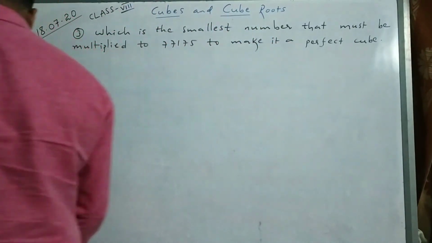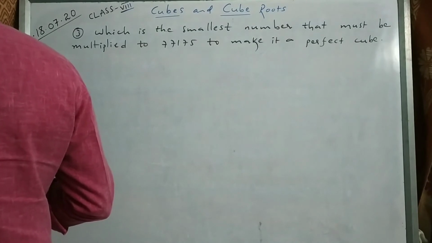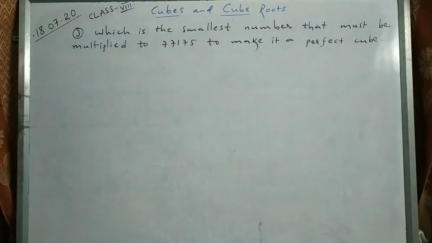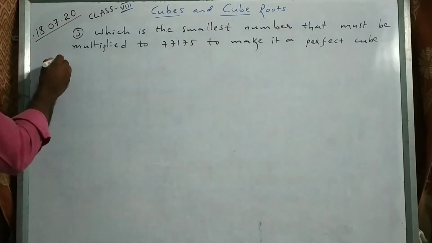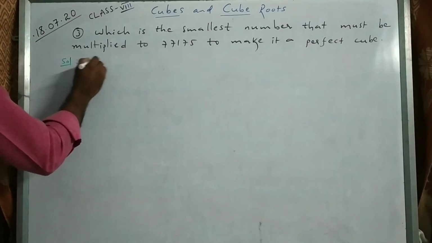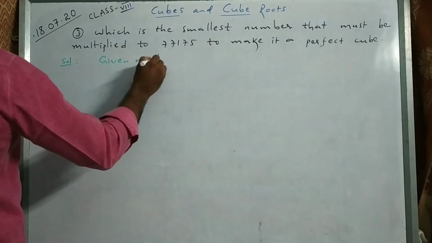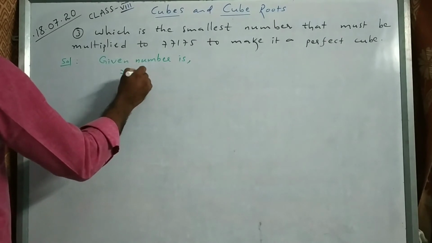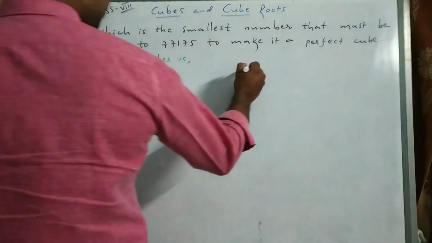Okay, we will see the solution. What is the given number? 77175. Now split this.